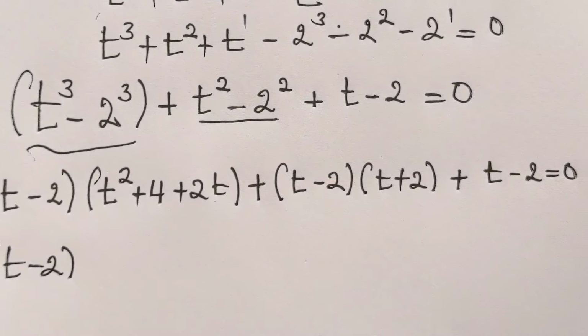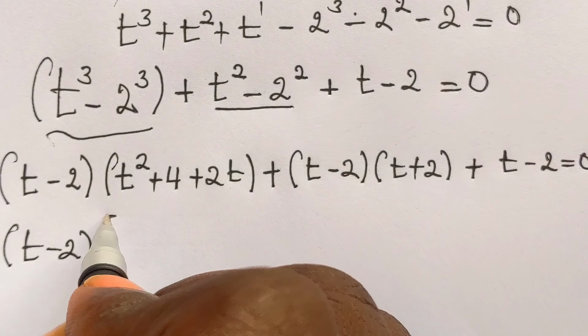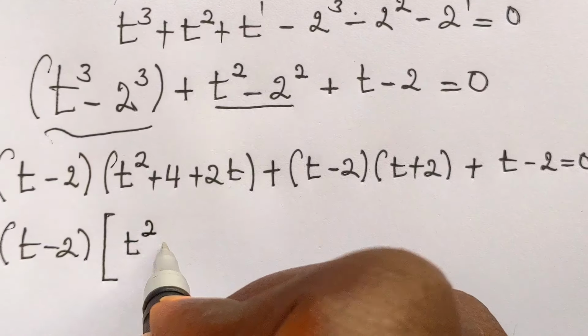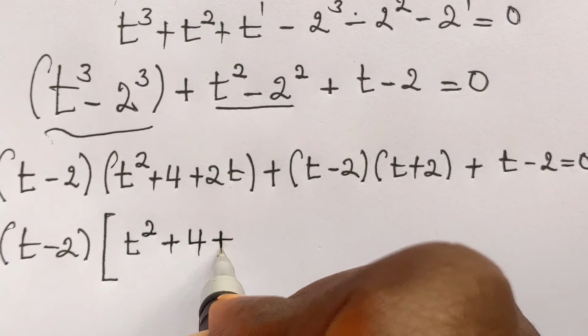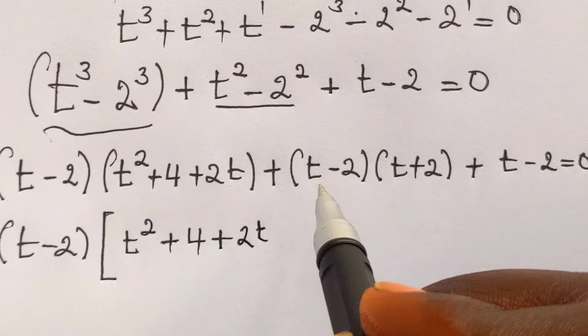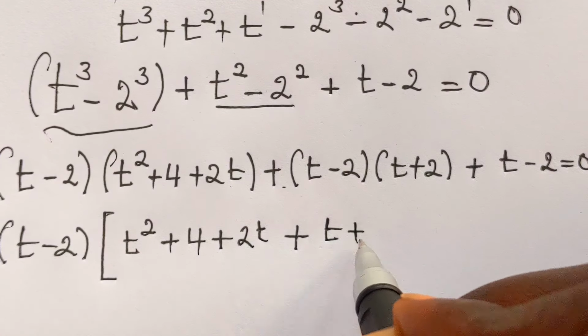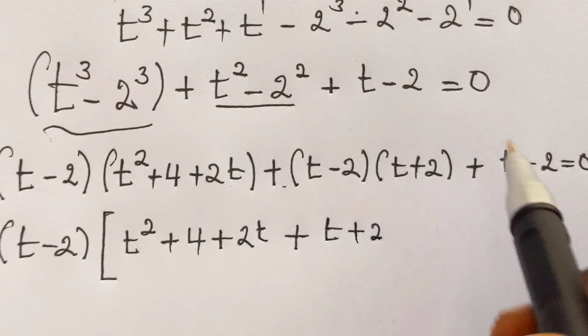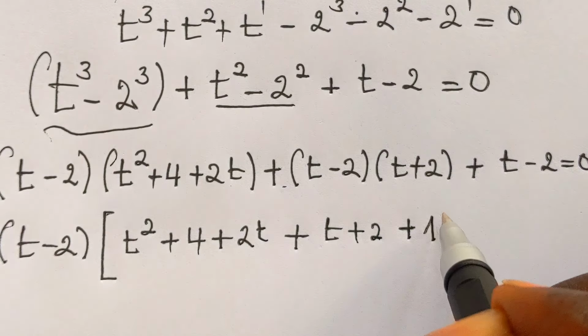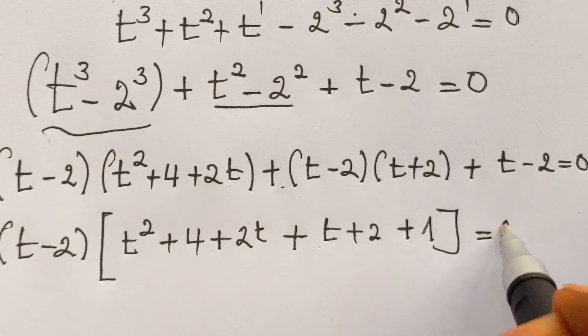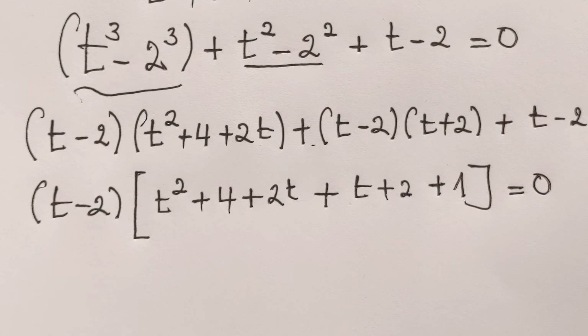Okay, and here open bracket of t squared plus 4 plus 2t, then here we shall say plus t plus 2, and here we shall say plus 1 because this one has been brought down, equals 0.